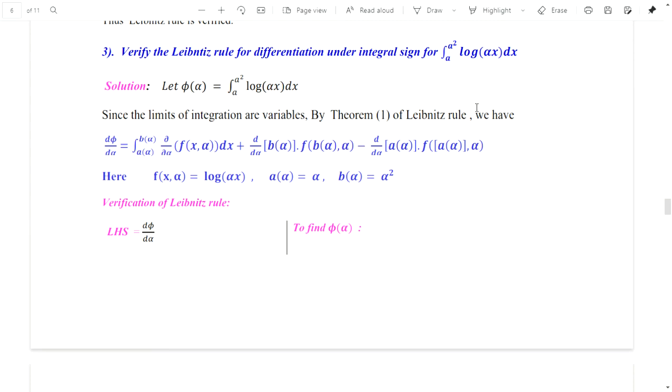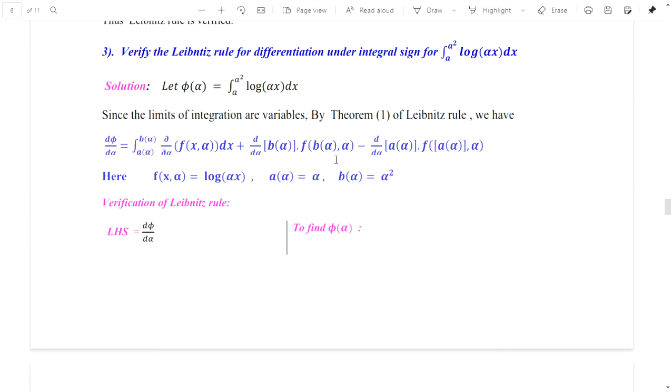By theorem 1 of Leibniz rule, we have d phi by d alpha is equal to integral of a of alpha to b of alpha, for this we have to do partial differentiation with respect to alpha, that is dou by dou alpha of f of x comma alpha into dx, plus d by d alpha of b of alpha into f of b of alpha comma alpha, minus d by d alpha of a of alpha into f of a of alpha comma alpha.